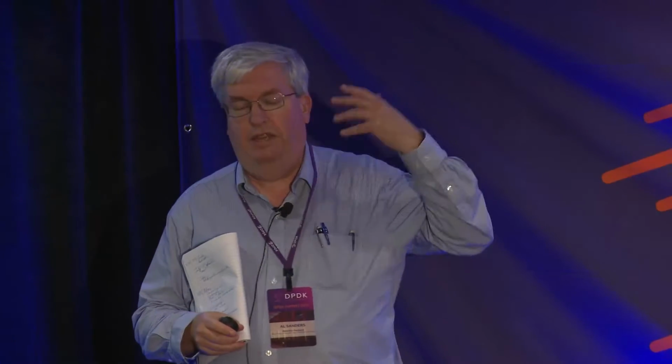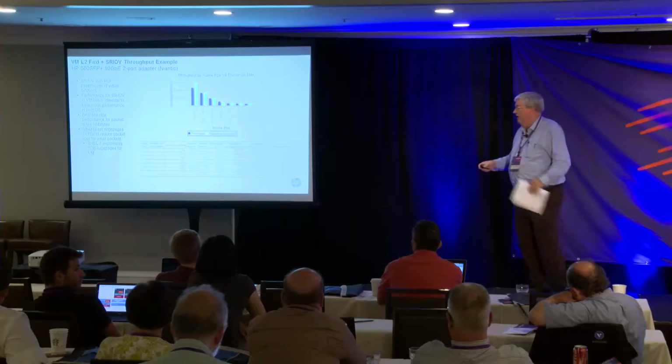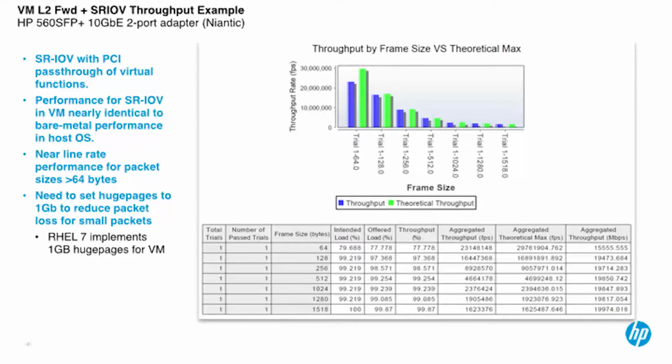I think in Red Hat 7, they implemented true 1 gigabit huge page sizes within the virtual machine, and once that came into play, that effect went away. So making sure that those huge pages are set and working within the virtual machine environment was a key aspect for this kind of test.